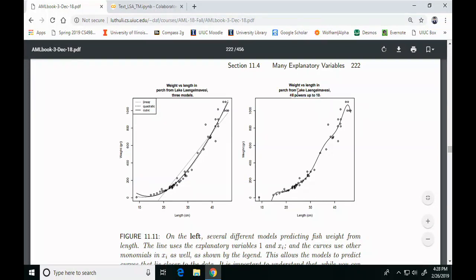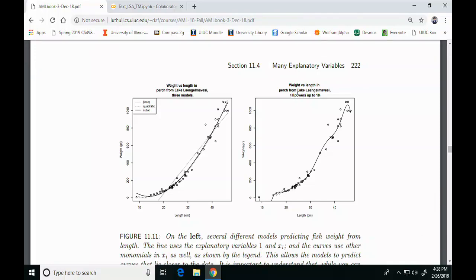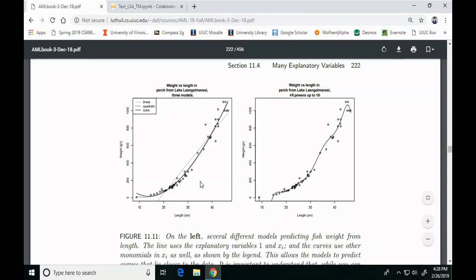So we had length to the second, length to the third, all the way up to length to the 10 as our input features. And what you see is that it can follow the data very well, but it's not really doing a very good job. Especially down at the bottom here where we don't have a lot of data, it gets this big dip that is obviously a mistake.